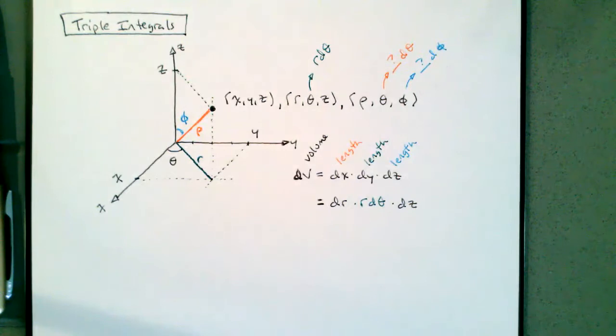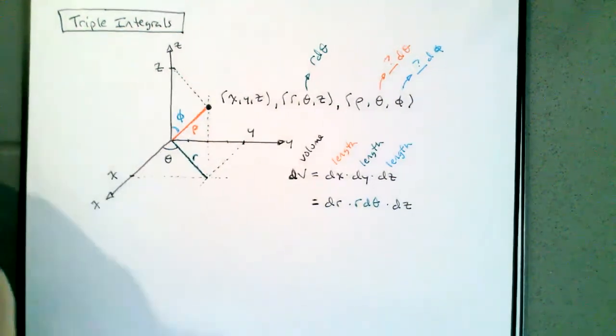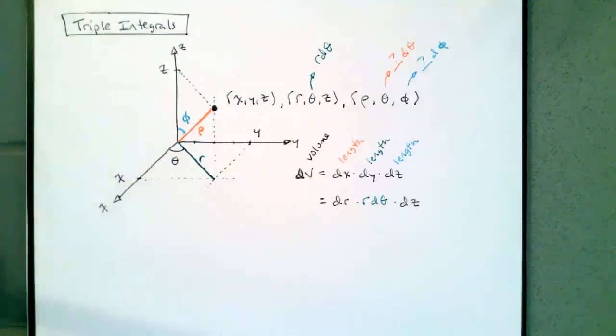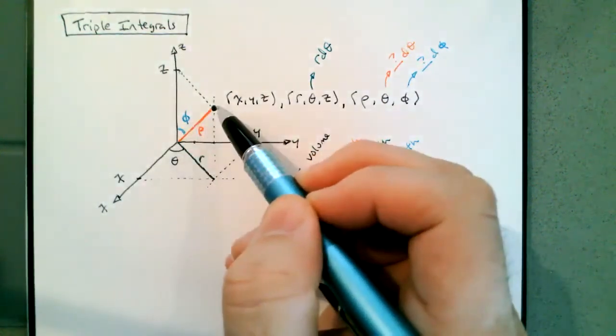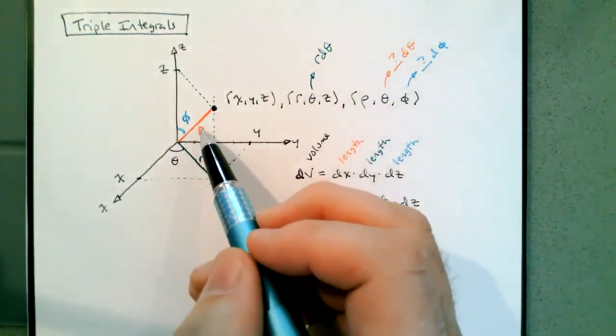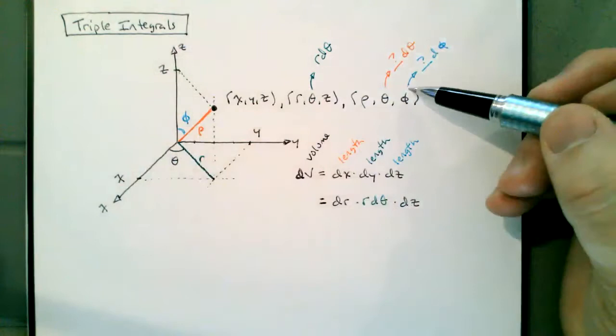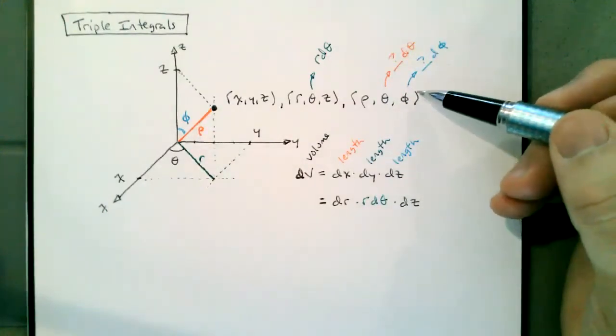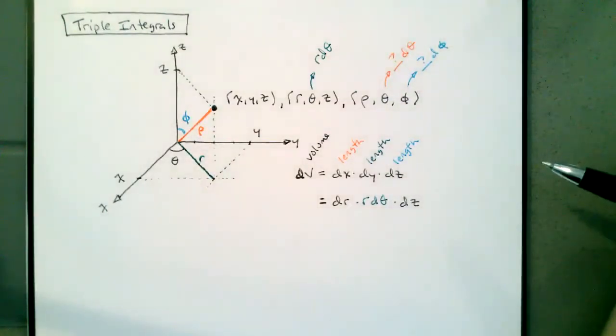We just have rho. For d phi, phi is measured from the positive z-axis, and rho is just the distance from the origin. So we can multiply rho times d phi to turn d phi into a length.